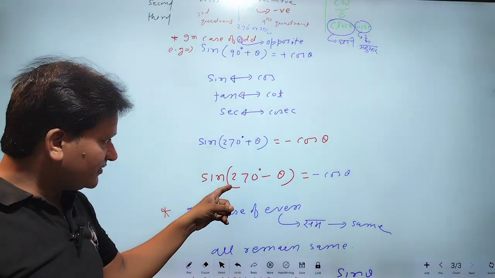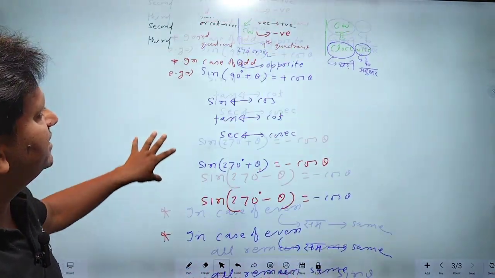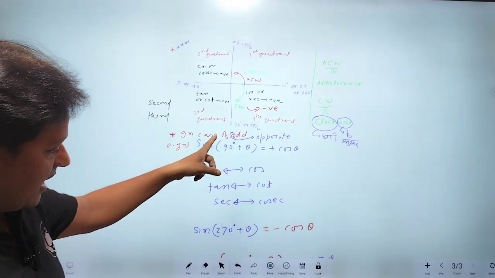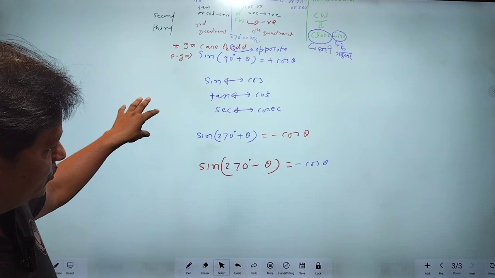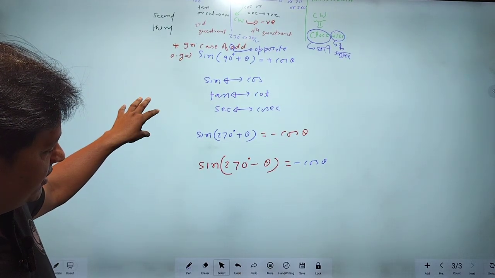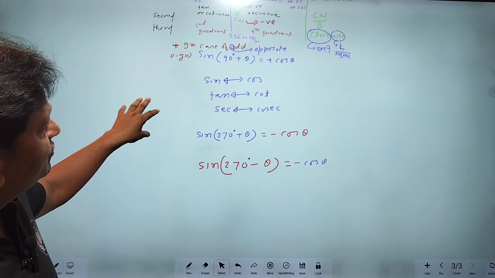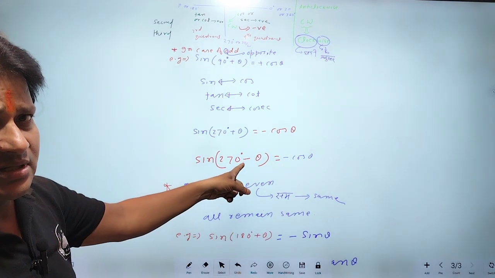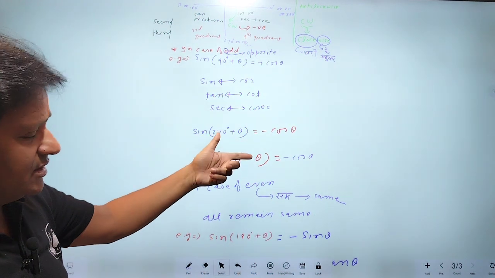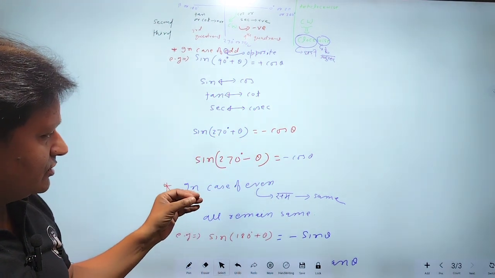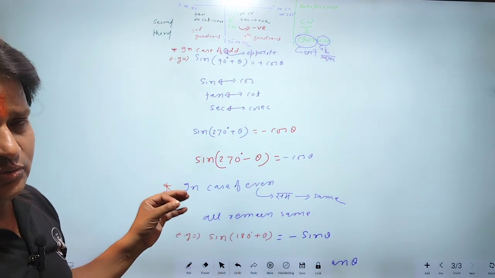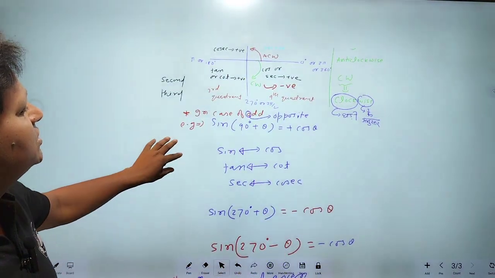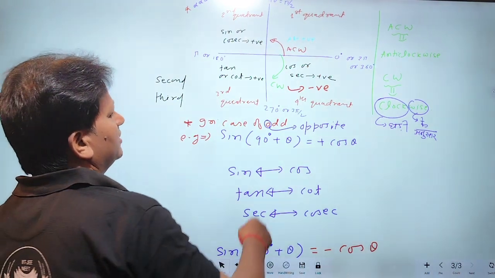Similarly, 270 degree is here. And you should move here. In which direction? Negative shows clockwise direction. So you should move in clockwise direction from 270 degree point.